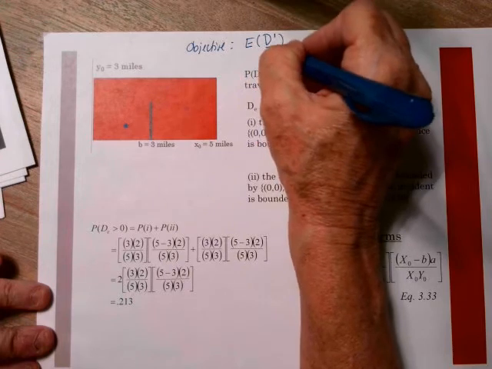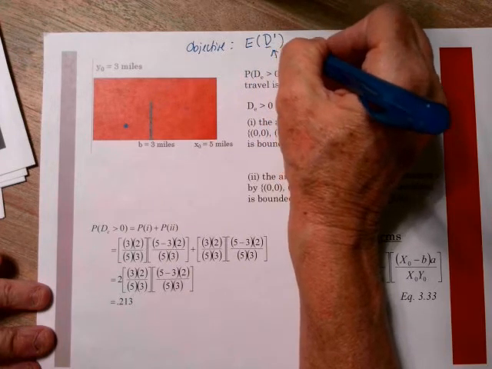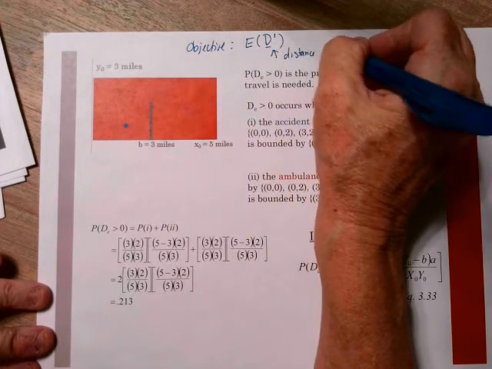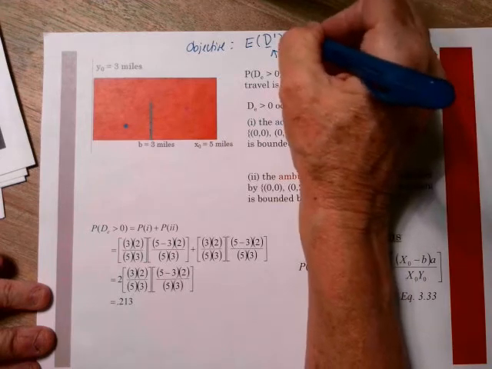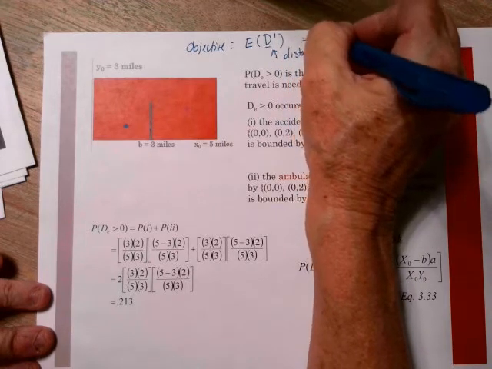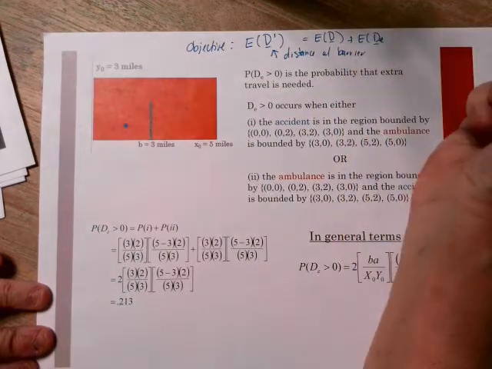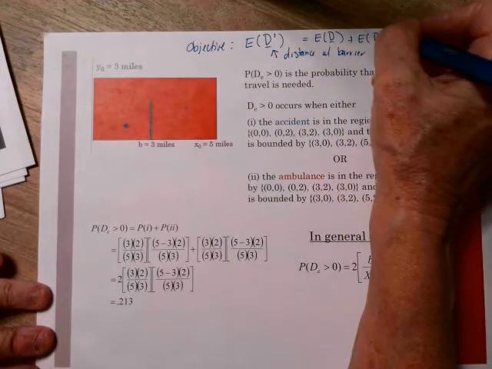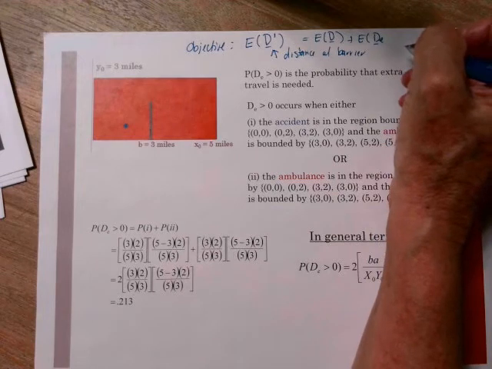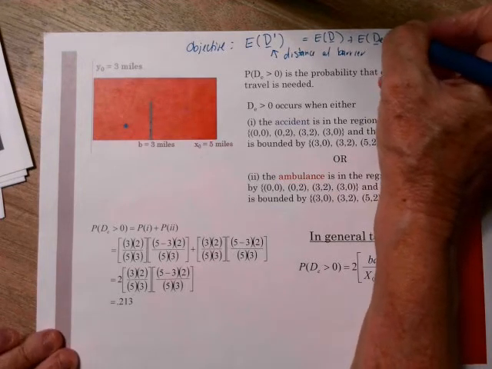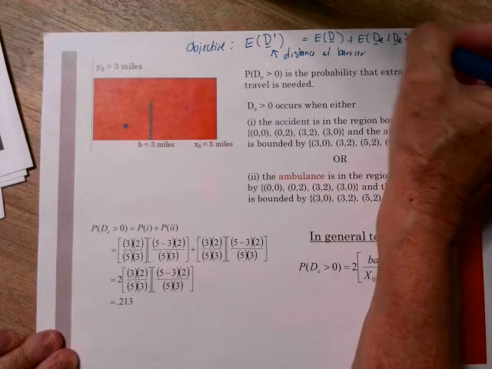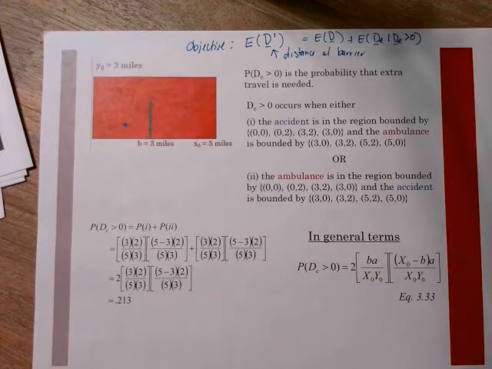So this is distance with barrier. And we said that's the expected distance without the barrier plus the expected extra distance, and we just figured out what that was. But we could write it this way, given that DE is bigger than 0.